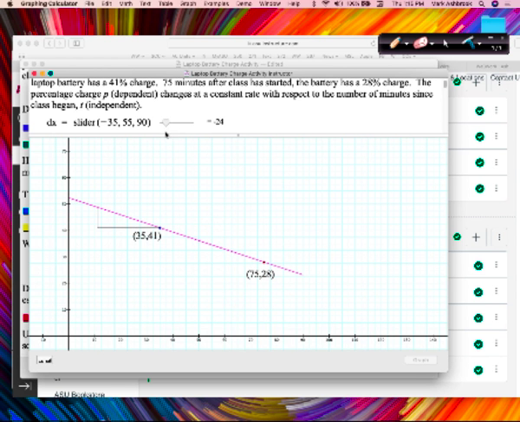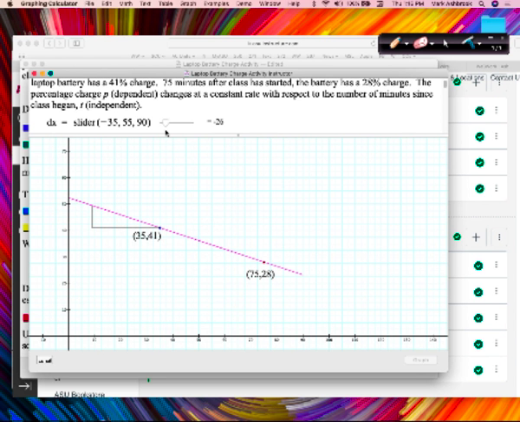Okay, so specifically what change? Which is it? Is it a change in time or a change in percent charge? Which do you think it is? Is it showing change in time or charge? Both, right? And which particular change is it showing? Right, from 35 minutes after class started.